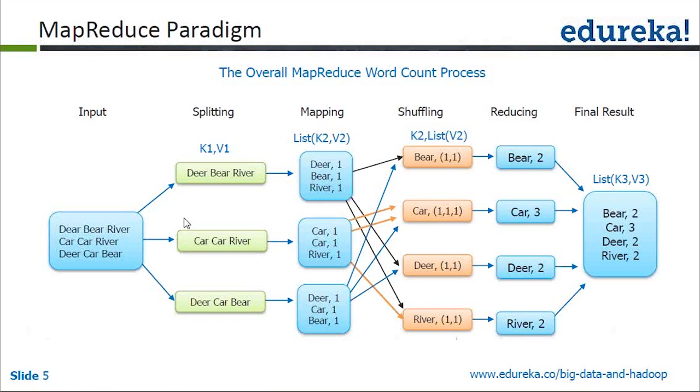But in common terms, what I'm saying is you have this file, and we are reading each line or each record, and then parsing the record to extract the words. So let's say the words are these, and that's what happens in the map phase.